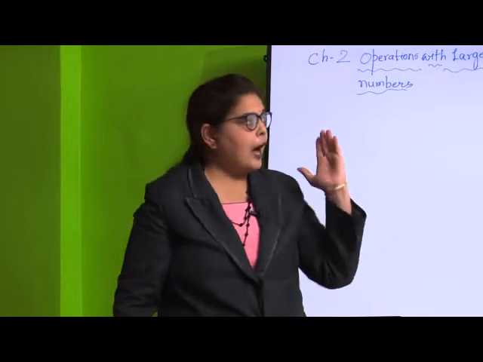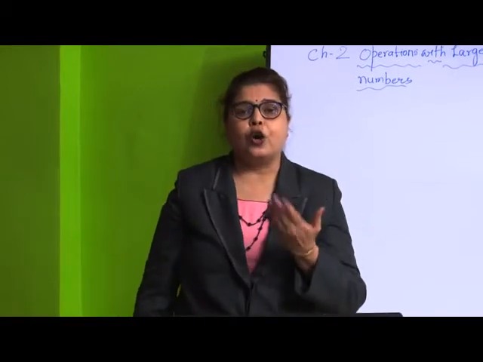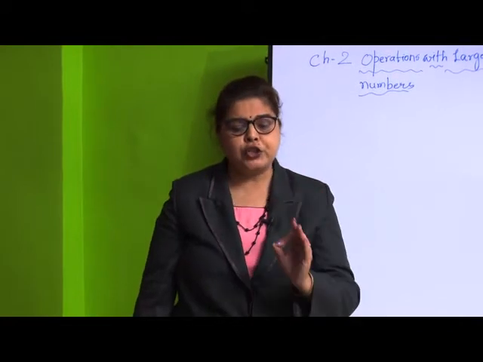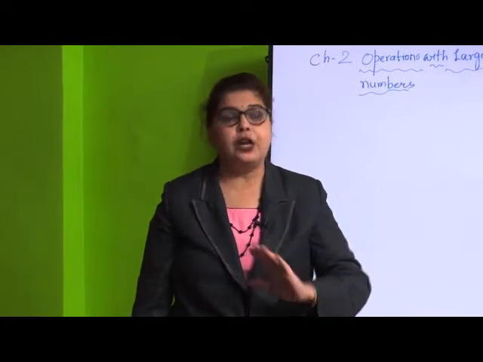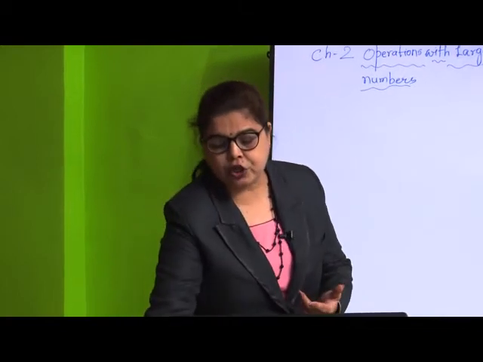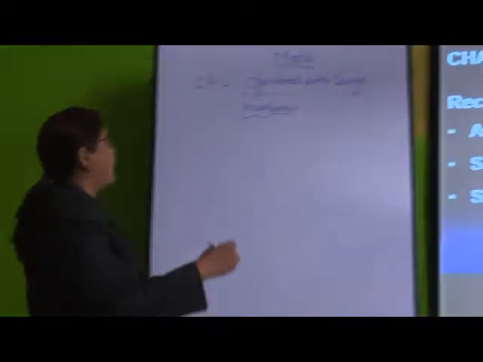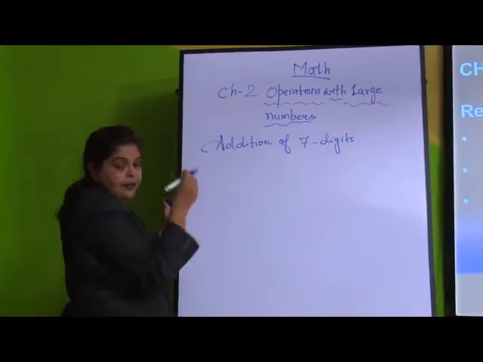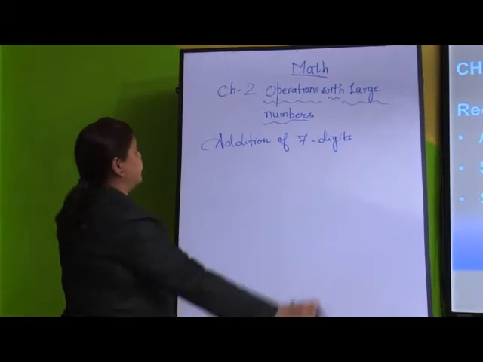In short, I will show what operations we are going to deal with today, additions of 7 digit numbers with different digit numbers. Just pay attention on the board. We will start with addition of a number. What is addition of 7 digit numbers?